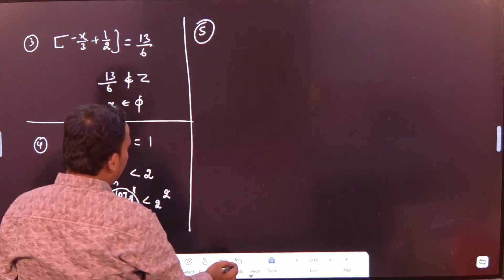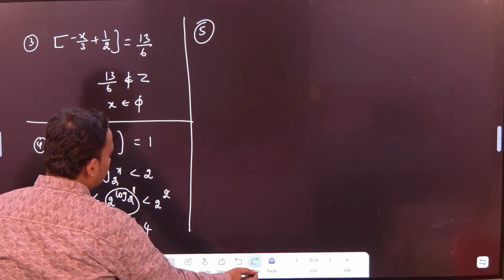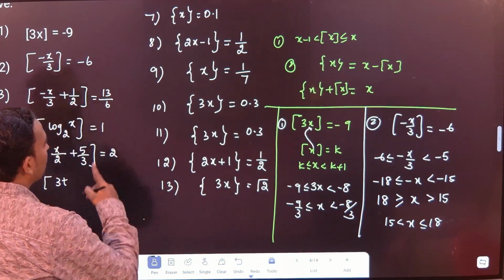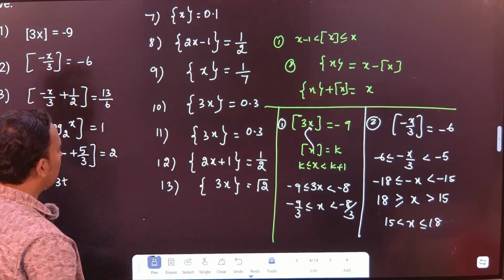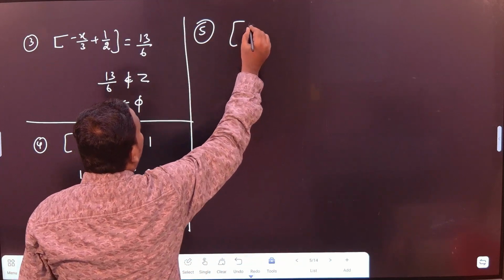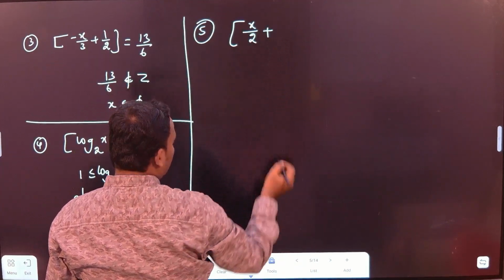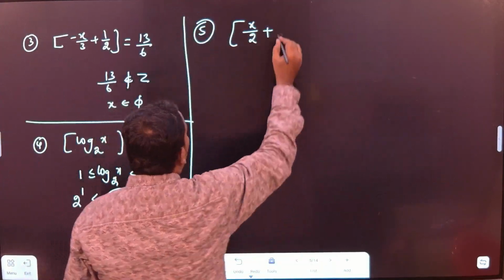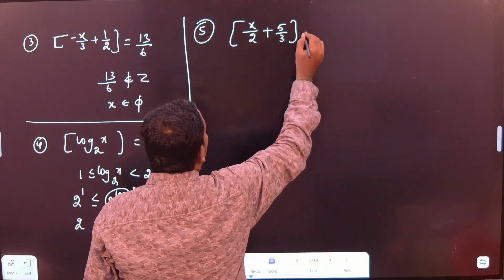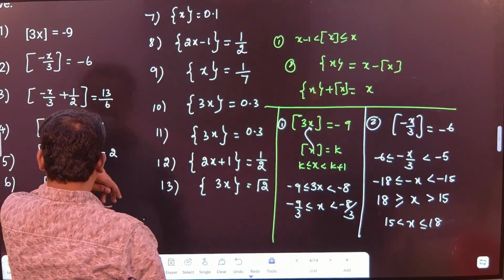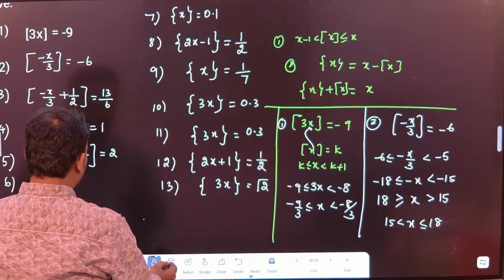Fifth one you can see. What is the fifth one? The greatest integer function of x by 2 plus 5 by 3 is equal to 2.